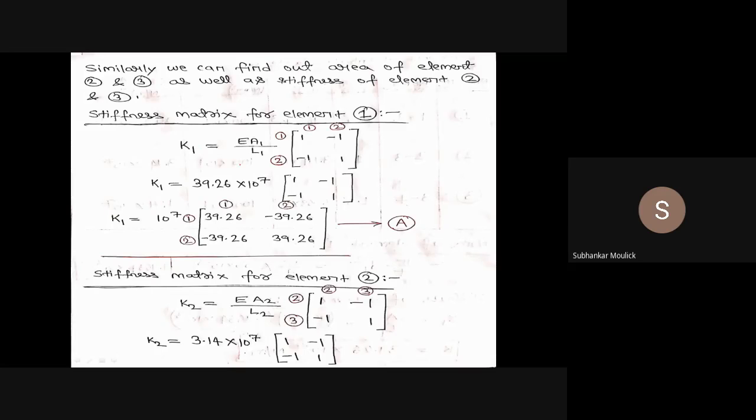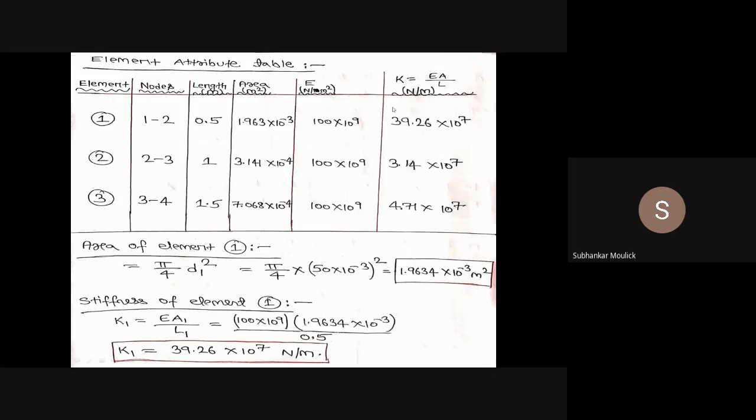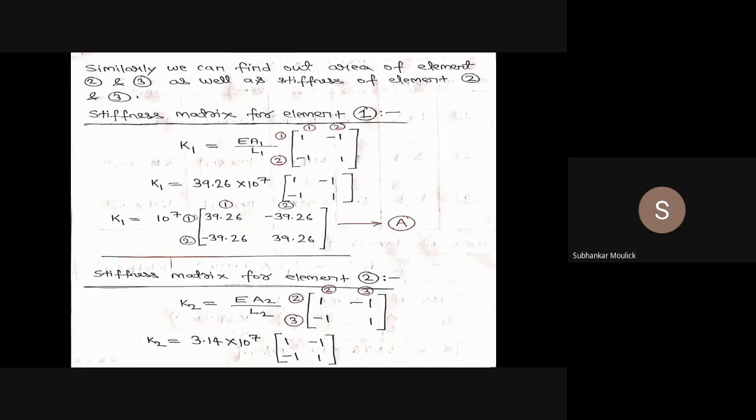So E into A1 by L1, which we have already computed for the first element, is 39.26 into 10 to the power 7, times the matrix 1 minus 1 minus 1 1. Now if I keep 10 to the power 7 outside the matrix and bring 39.26 inside, I have to multiply each element of the matrix with 39.26.